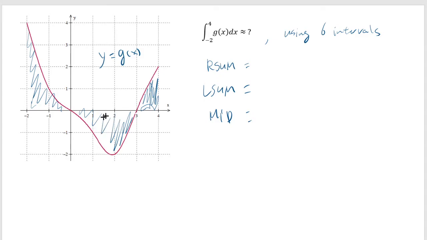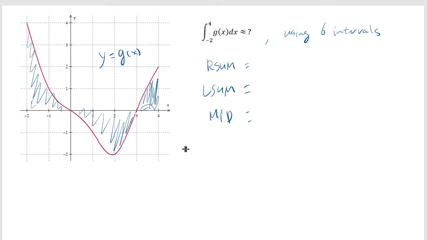If it's below the x-axis, this will be counted as negative. Because you have about the same amount of positive and negative, the actual value should be pretty close to 0. But whatever it is, we know that the midpoint rule should give you the best approximation, right?